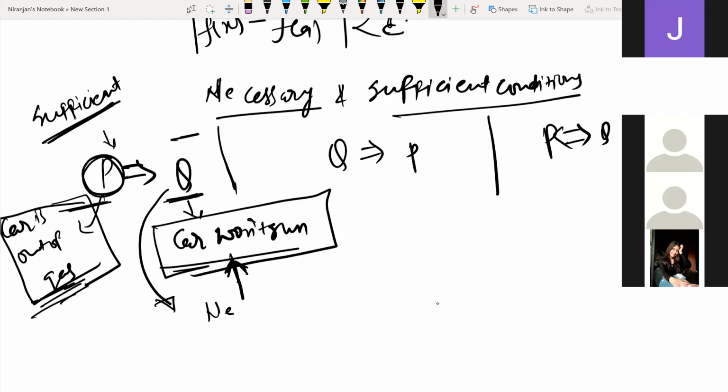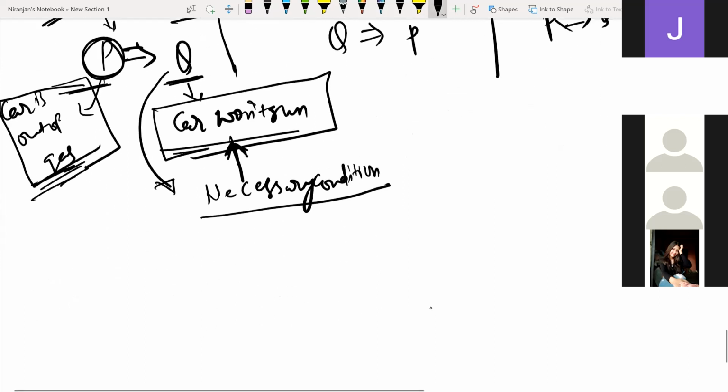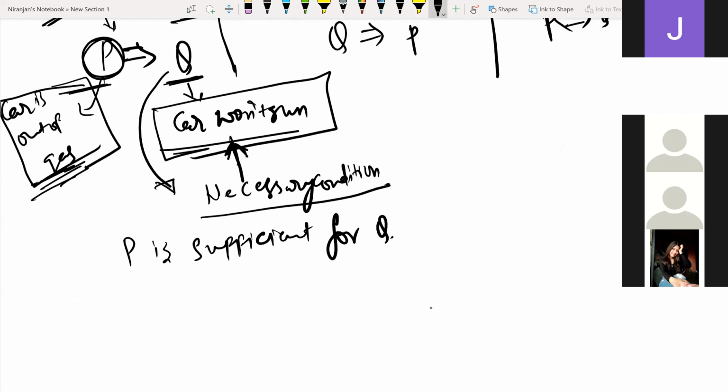So this is a necessary condition to make this implication true, right? For which? For P. So when you have an implication, P is sufficient for Q. Q is necessary for P.